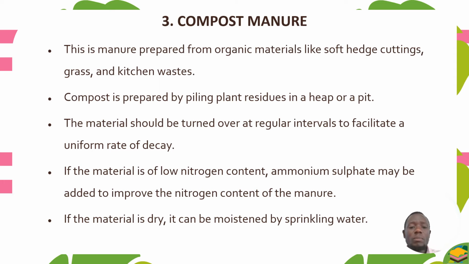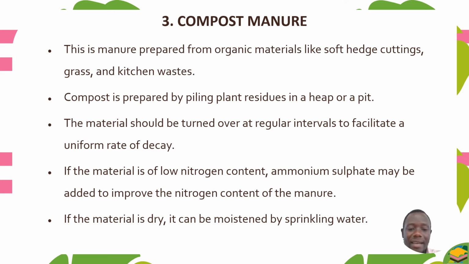Then the material should be turned over or mixed at regular intervals to facilitate uniform decomposition or uniform decay. If the material is of low nitrogen content, ammonium sulfate should be added to improve the nitrogen content in the manure. So if the material is of low nitrogen content, you just add a small amount of ammonium sulfate, just to improve the nitrogen content of the manure.